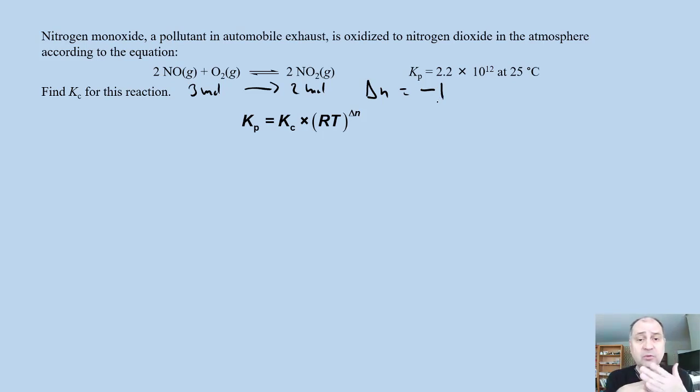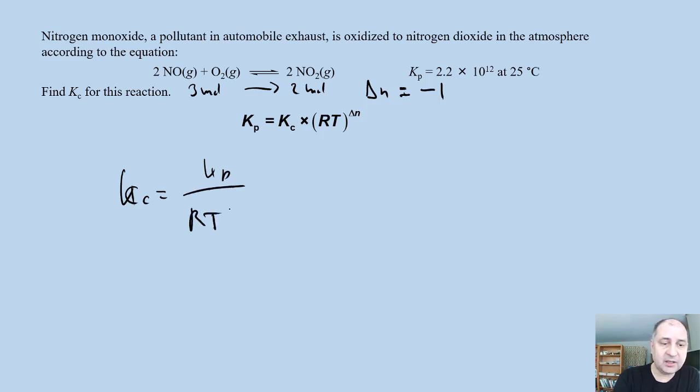We go from 3 moles to 2 moles, that's a change of -1 mole. And we're provided with Kp, so then simply Kc would be equal to Kp divided by RT to the delta N.